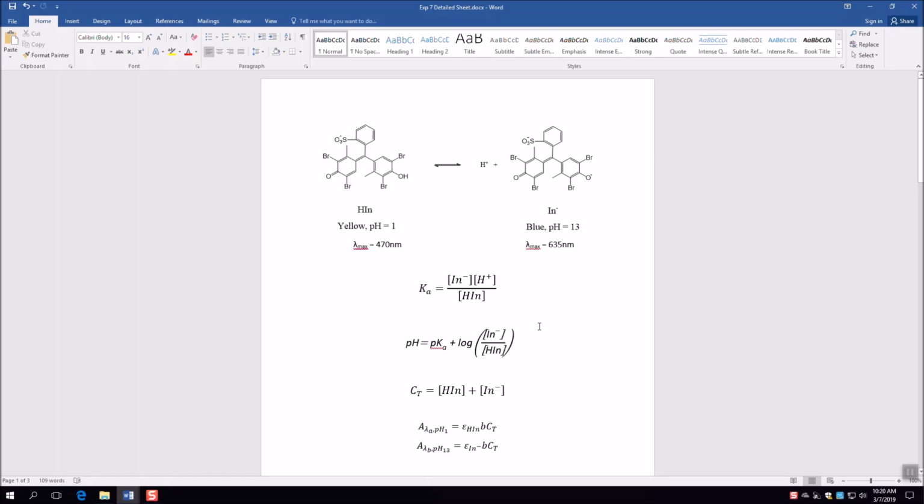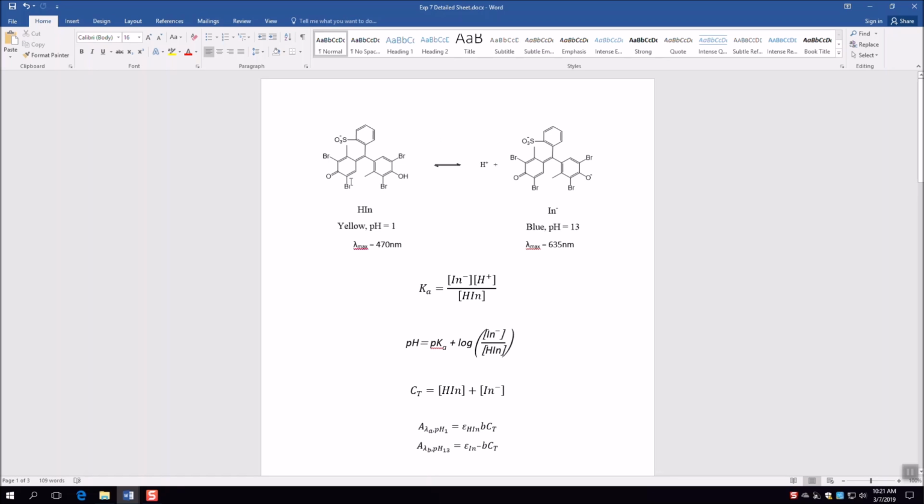In the past, this is essentially what you would plug into, and in fact you will plug into this when you make your buffer solutions. But in this case, when we're doing this by absorbance, it gets a little bit more tricky, because we have to look at the different absorbances, and the different molecules have different molar absorptivity coefficients.